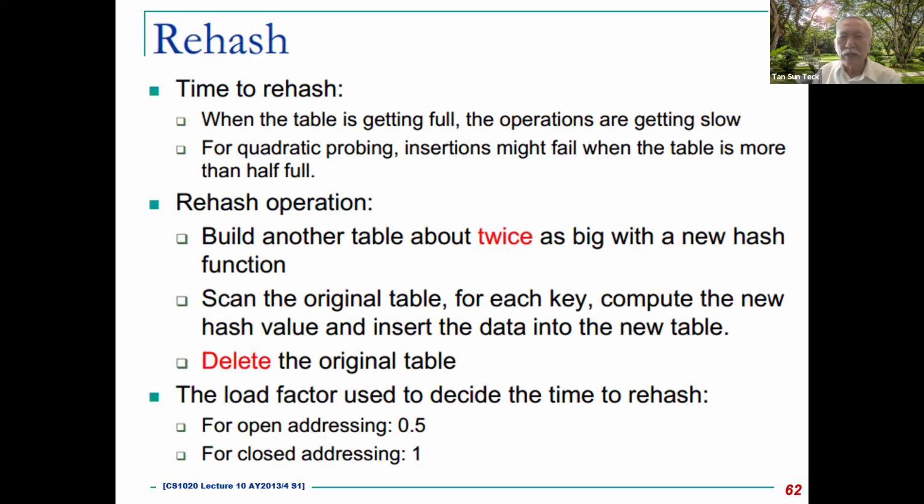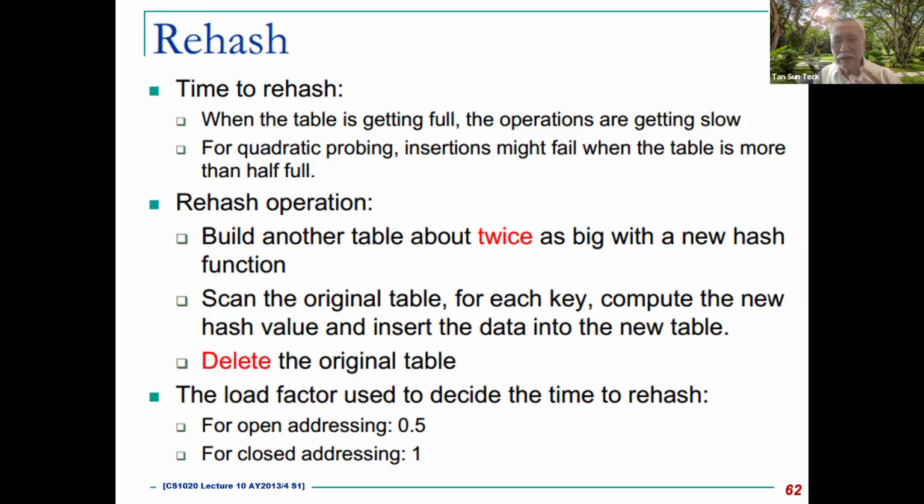So what do you mean by rehash? I have mentioned this many times. In quadratic probing, we say that if the load factor is already greater than 0.5, you have to rehash, right? So when the table is getting full, for other resolution methods, linear or double, if we have this table size and we have already put in maybe just table size minus one elements, the next one you put inside definitely is a collision, unless you are so lucky that you find the empty slot straight away.